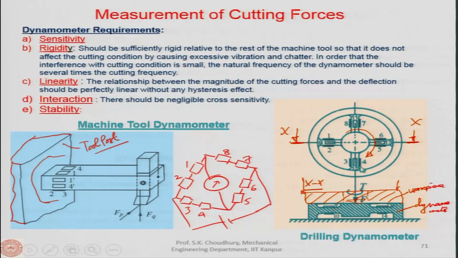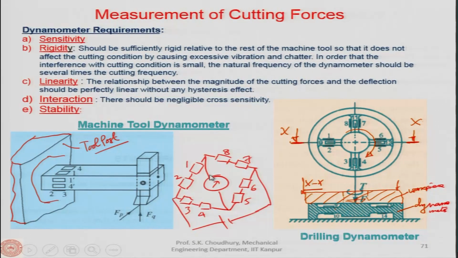I am not maintaining according to this, but I am saying that they have to be located opposite, in the opposite directions, so that it can nullify the other effects, all right. So, 1 to 8 will actually measure the torque once again. A similar Wheatstone bridge can be made of 9, 10, 11, 12, 13, 14, 15, 16, which will actually sense the thrust, all right.